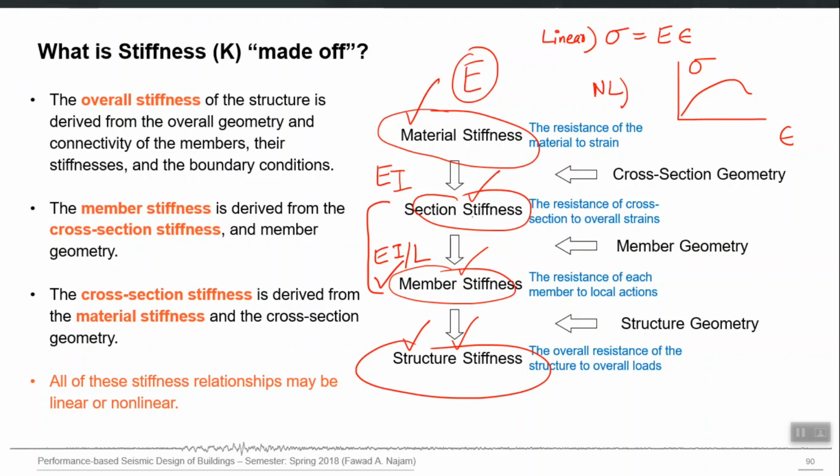Or in the same concentrated plasticity approach, you can also define directly the member action versus member deformation as the nonlinear action deformation behavior. So these two levels we can have in the concentrated plasticity approach, and the first level we can account the inelasticity in while using continuum approach or distributed approach or fiber approach.